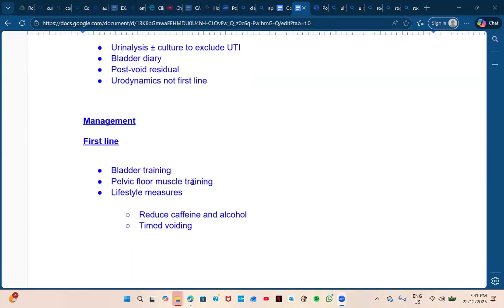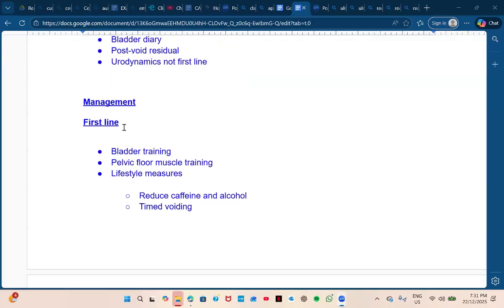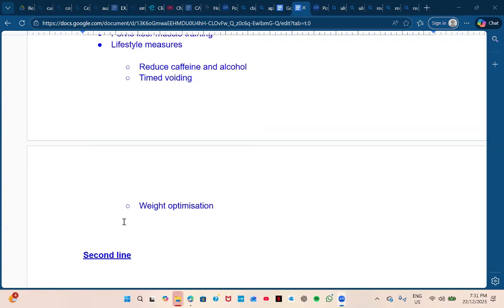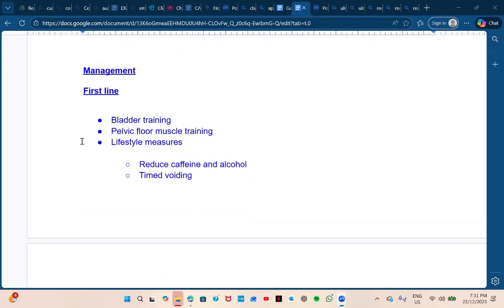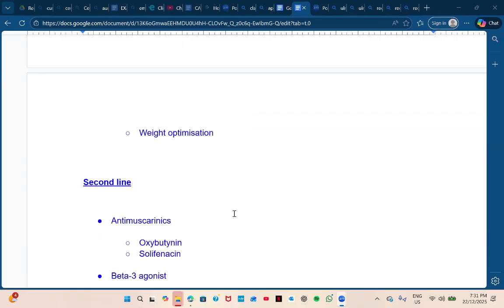So how do we manage these patients? First line is bladder training, pelvic floor muscle training, and lifestyle measures like reducing caffeine and timed voiding optimization.